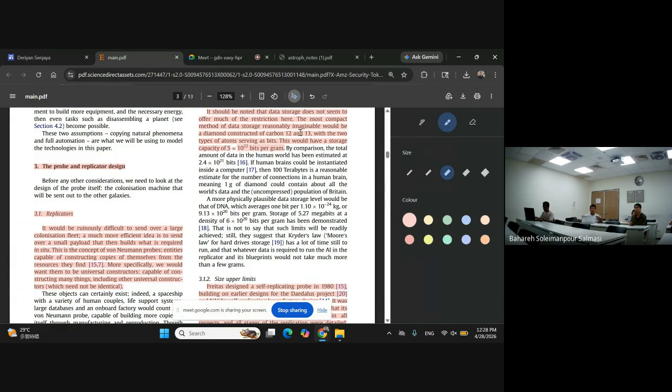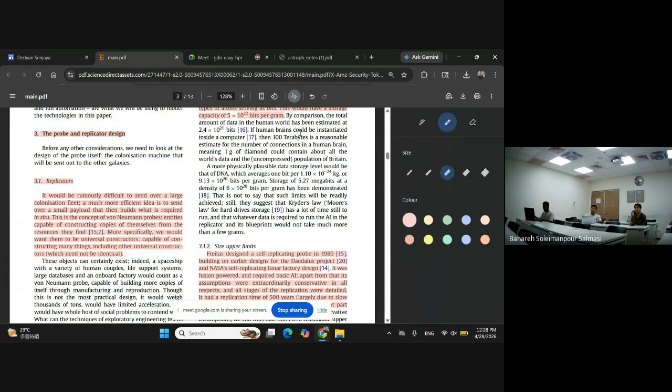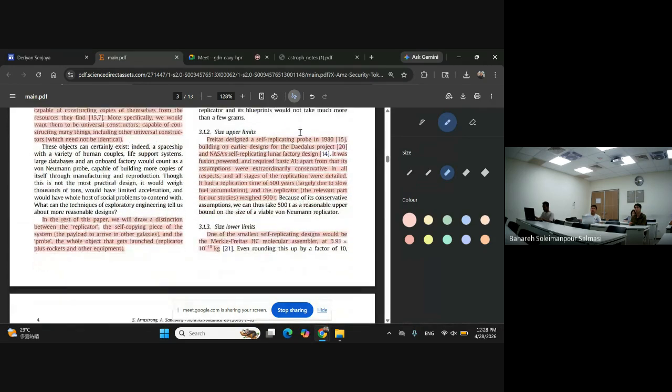So they can use a diamond to do computation. And they also make a size upper limit. It's from the project called the Daedalus project, similar to what humans did before in 1980.